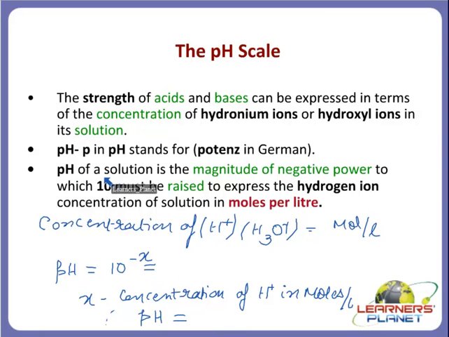What is pH? The pH of a solution is the magnitude of the negative power to which 10 must be raised to express the hydrogen ion concentration of the solution in moles per liter. So if pH is 3, what will be the hydrogen ion concentration? It should be 10 to the power minus 3 moles per liter.